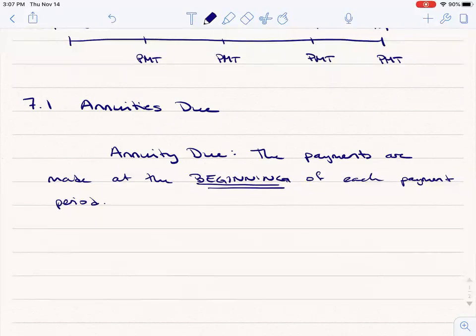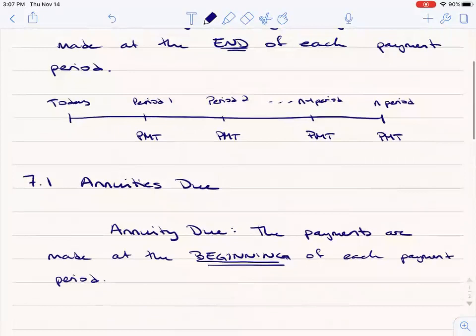Okay. So the only difference is, now instead of waiting until the end of the payment period, we're going to make a payment right away. And so all of these payments are going to get shifted back one. Instead of waiting until the end of the first payment period, to indicate that I've got an annuity due, I shift this payment to today.